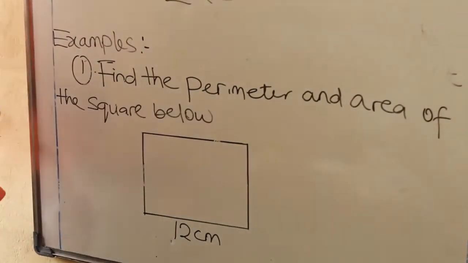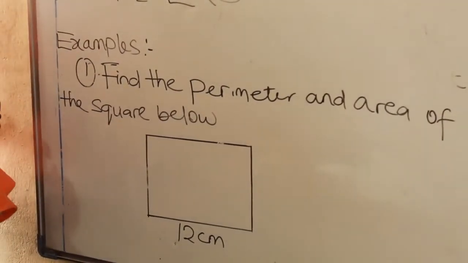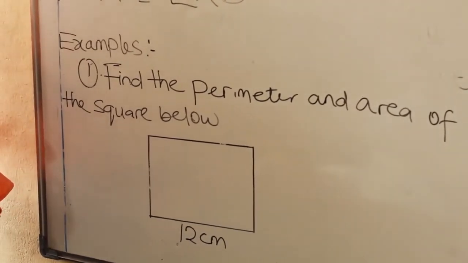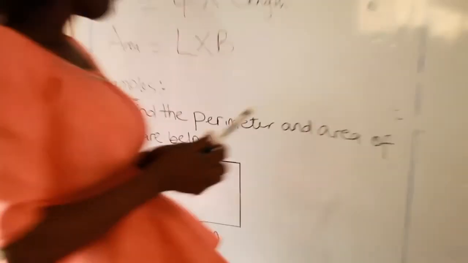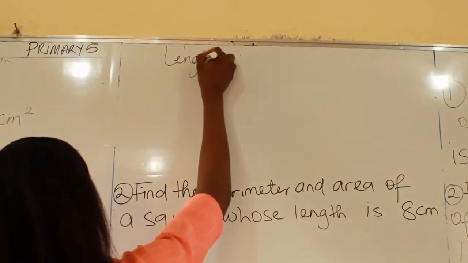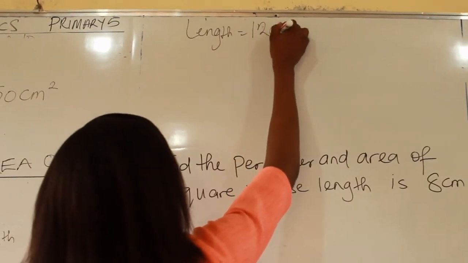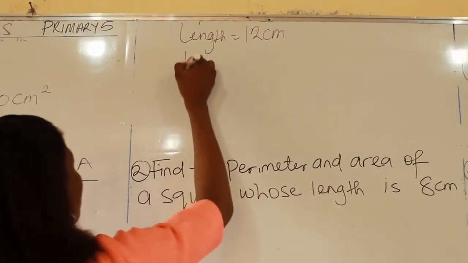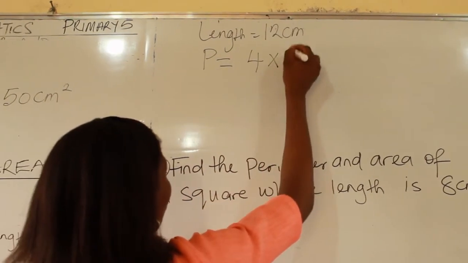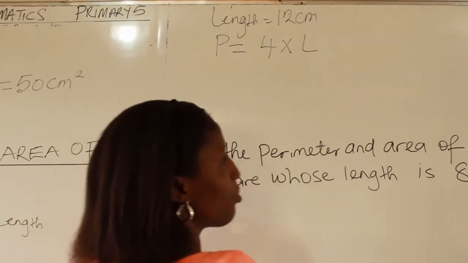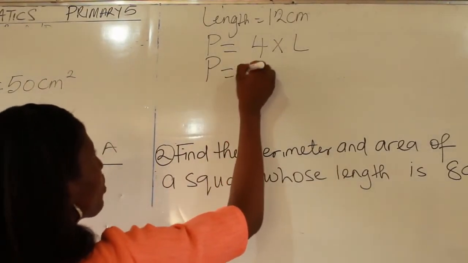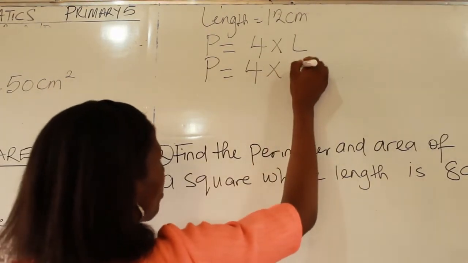Now the square we're being given, the length is 12 centimeters. So if our length equals 12 centimeters and our perimeter formula equals 4 multiplied by L, perimeter equals 4 times 12.